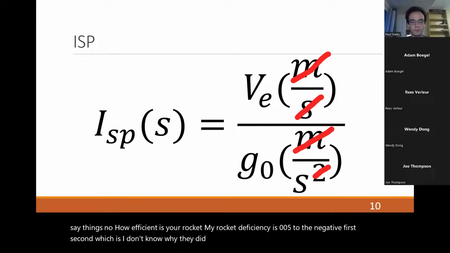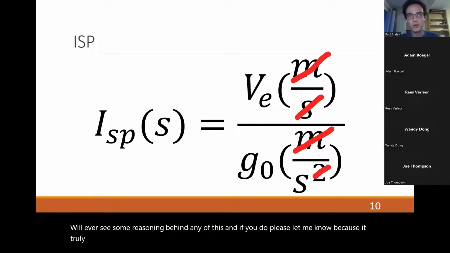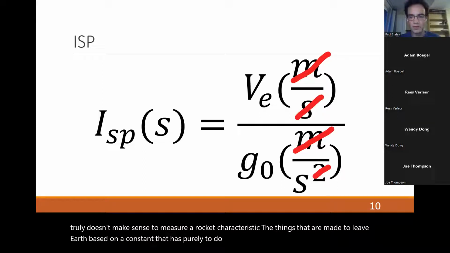Maybe one of you knows or will ever see some reasoning behind any of this. And if you do, please let me know, because it truly doesn't make sense to measure a rocket characteristic, the things that are made to leave Earth, based on a constant that has purely to do with gravity on Earth.